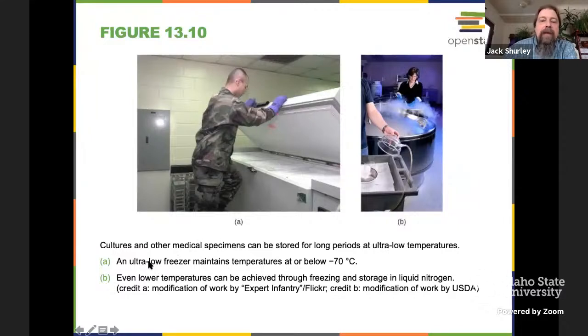This freezer is, as it says, ultra low. Typically, you think about a freezer in your house getting temperatures to maybe -4, maybe -10 degrees Celsius, cold, but nothing like this. The ultra lows go to -70 or -80 degrees Celsius.